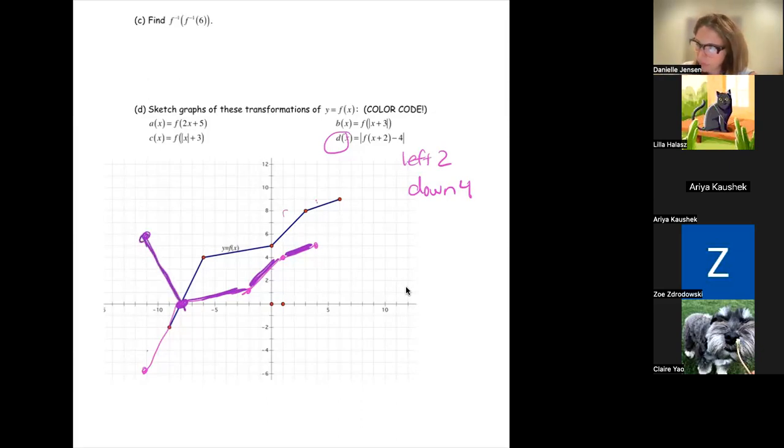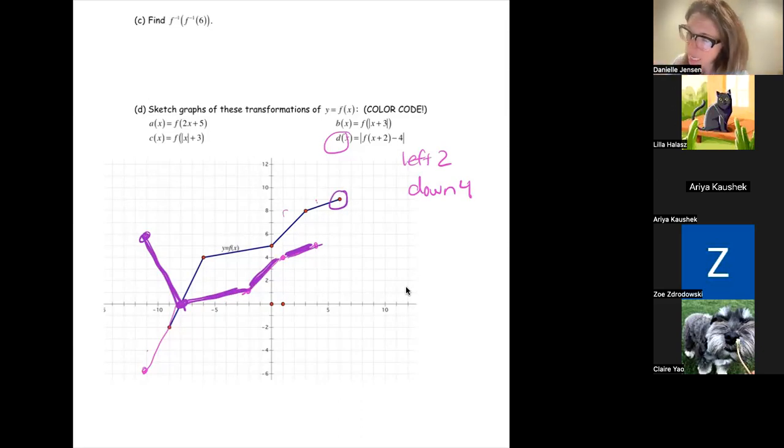Wait, and sorry, one more thing. What's the difference between B of X and C of X? Oh, okay. It's the order you do things, right? Say we take this point here, which is an X value of 6.